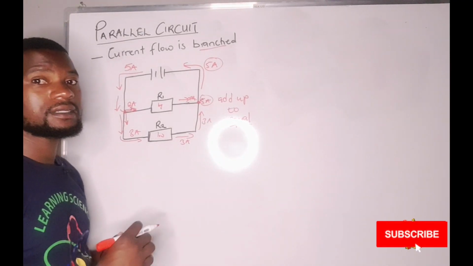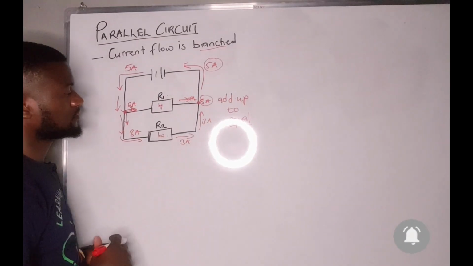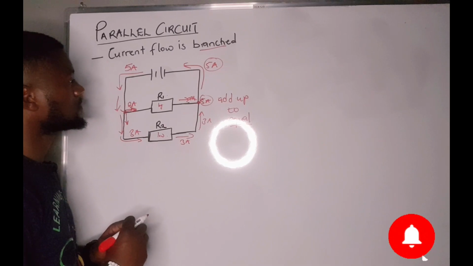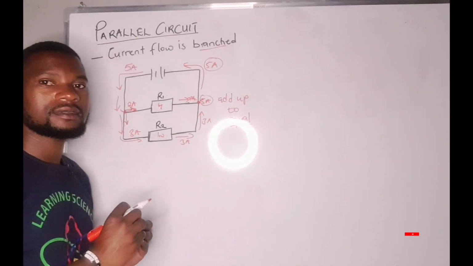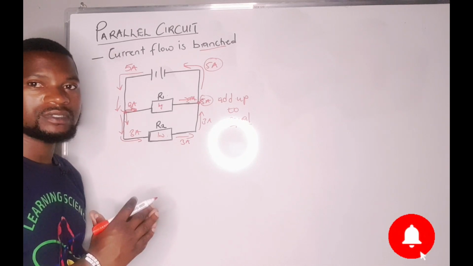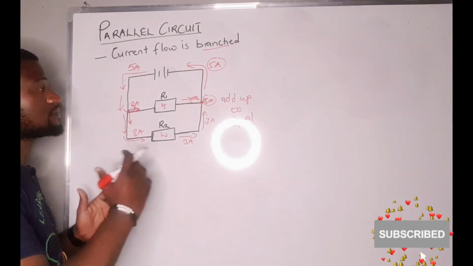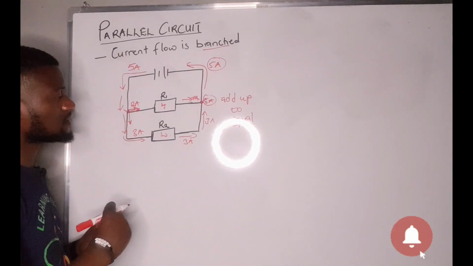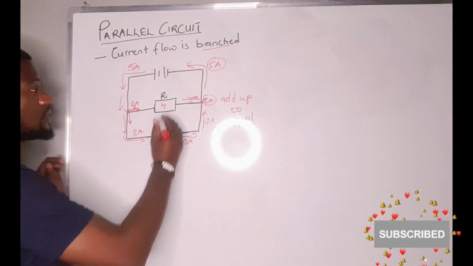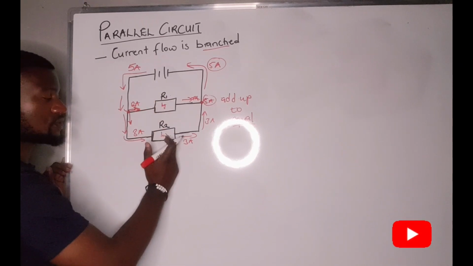Another rule here is that each resistor in a parallel circuit has equal potential difference across it. Another rule here is that the sum of the resistors is equal to the combined resistance. So we have 2 resistors here, resistor 1 and resistor 2.